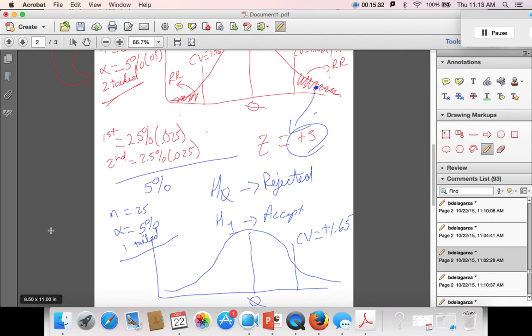So you'll notice now that as alpha level goes up, my critical value gets closer to 0, and my region of rejection gets larger. Okay? So again, as alpha level goes up, my critical value gets closer to 0, and my region of rejection goes up.